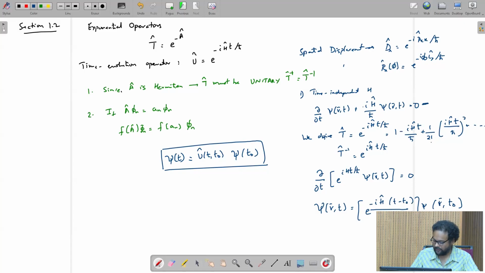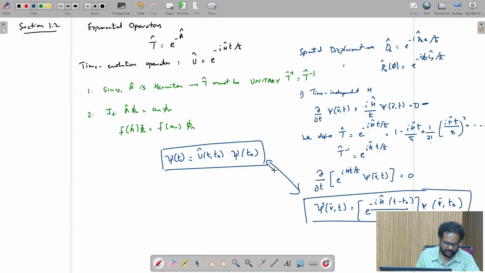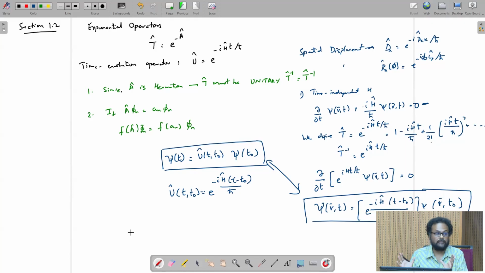So basically if I compare this and this, you can see U of t, t naught is simply e to the power of minus iH(t minus t naught) over h cross. Okay, that is for a time independent Hamiltonian.